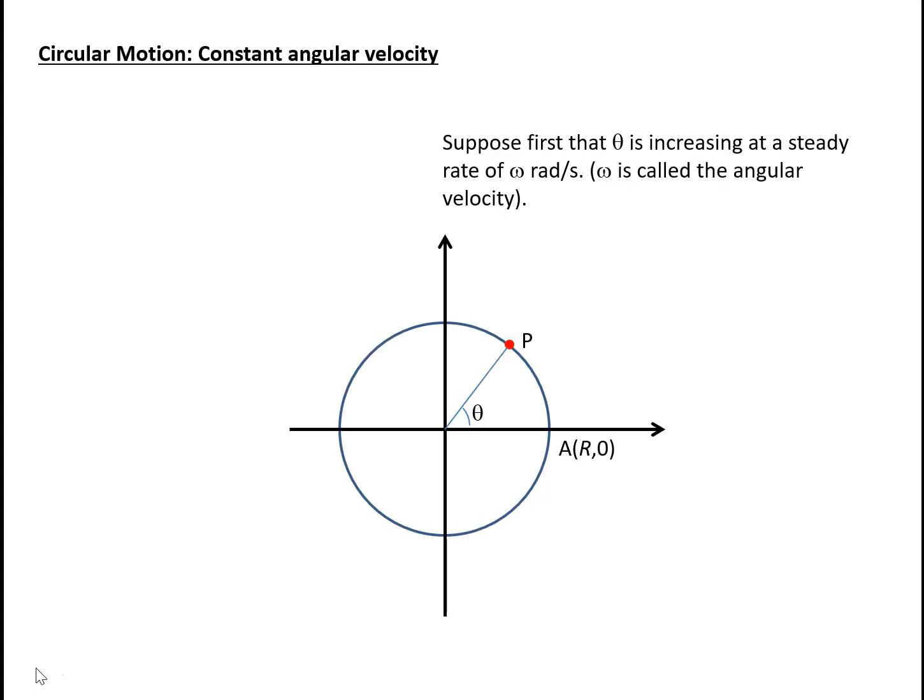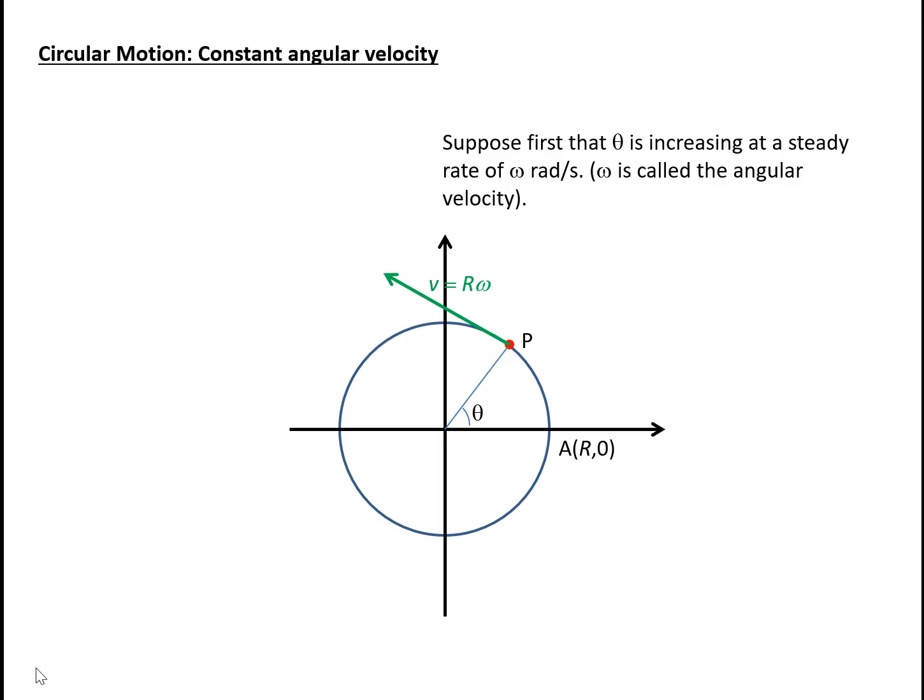So, putting our results together, if we have circular motion where the angle is increasing at a steady rate of omega radians per second, so there is a constant angular velocity, then the velocity is tangential to the circle, and the size of the velocity, the speed, is equal to r times omega.